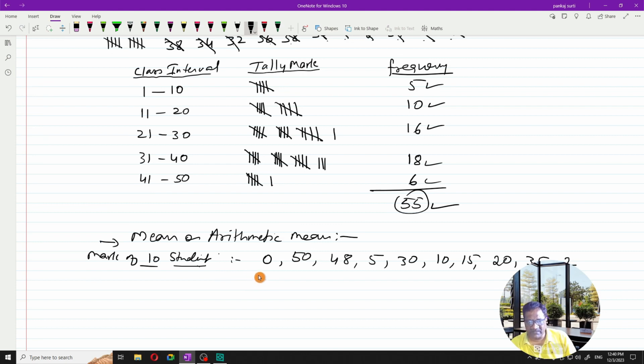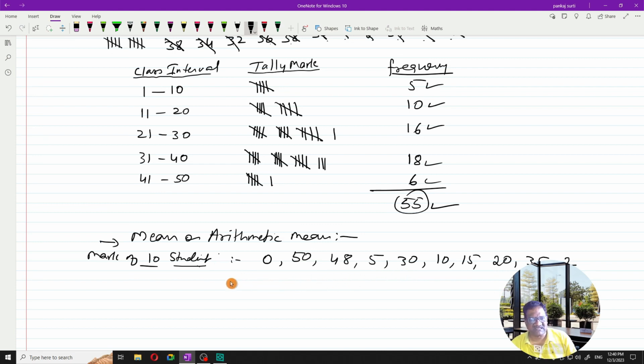You can say the frequency of this particular height is 5, because there are 5 students who have the same height. Suppose some other height is shared by 10 students; that height will have frequency 10. So that is the meaning of frequency. Whenever the data is repeated, frequency comes into the picture. But here you can see there's no repetition of data.